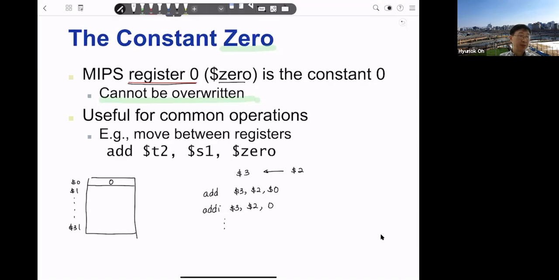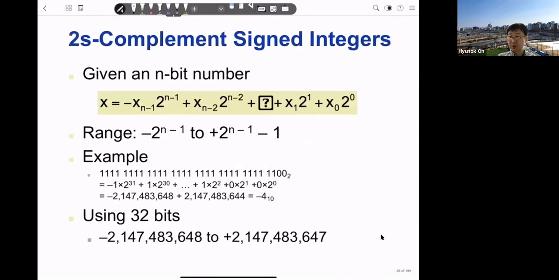Before the signed variable, let's look at some other instructions. We'll come back to the signed variable topic. Currently we have learned 3 instructions: add, add I, load word, store word. So we learned these 4 instructions.